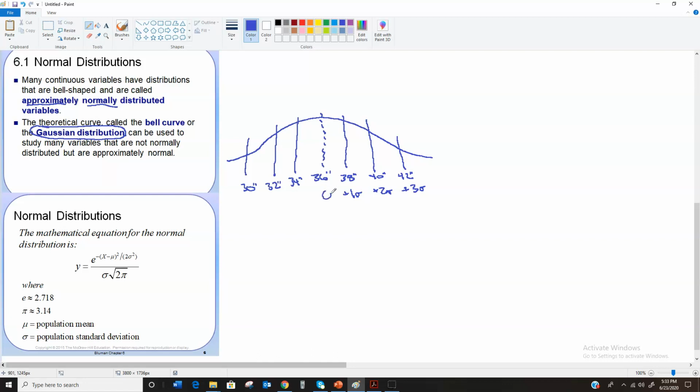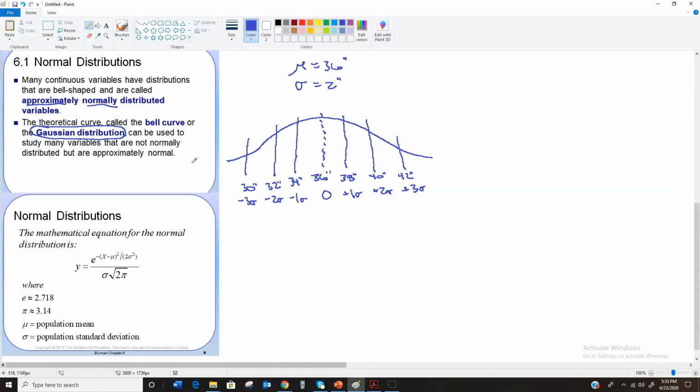So if it says that a sunflower is 3 standard deviations above the average height, in this case, if the average was 36 inches and the standard deviation was 2 inches, that would mean a sunflower that was 3 standard deviations above average would be 42 inches tall. That's what we mean by these standard deviations.